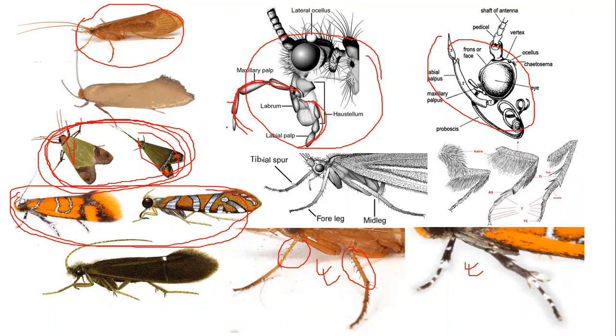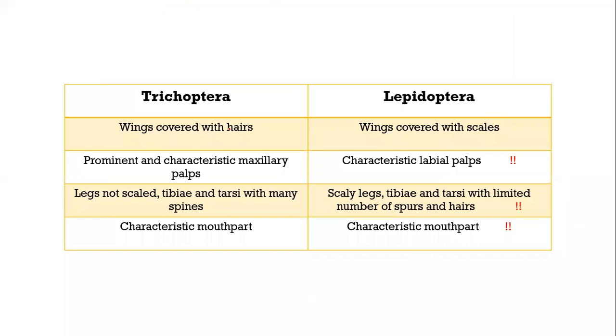So this is the summary of this slide, on how to differentiate Trichopterans from Lepidopterans: we can do it using their maxillary palps, their legs, and their characteristic mouthparts.